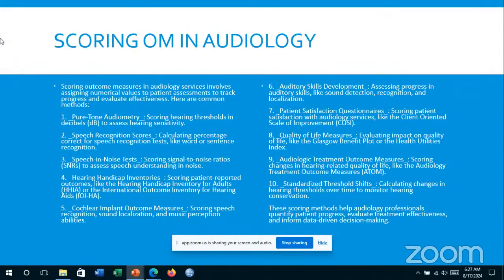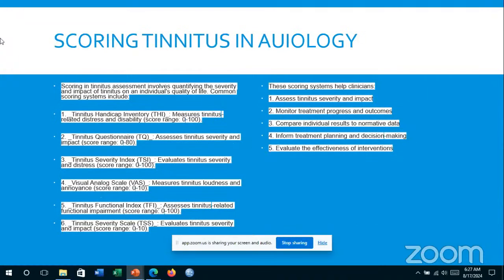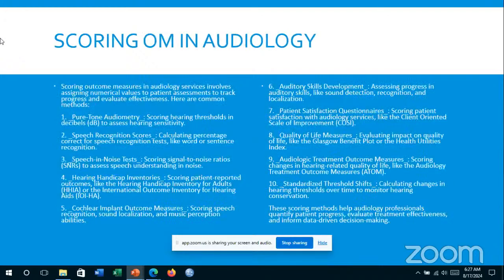The pure tone audiometry, that one we call hearing threshold in decibel, and it will determine the level and the type of hearing loss that an individual has. So speech recognition score calculates percentage that is correct for speech recognition. So that is if you calculate the words or sentences that are recognized by the patient.